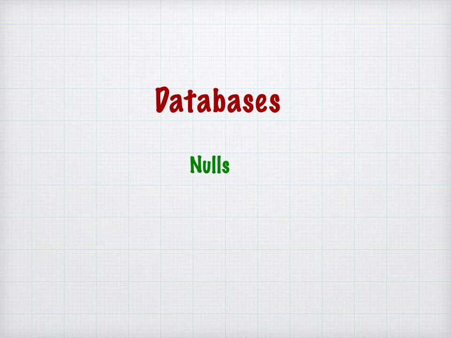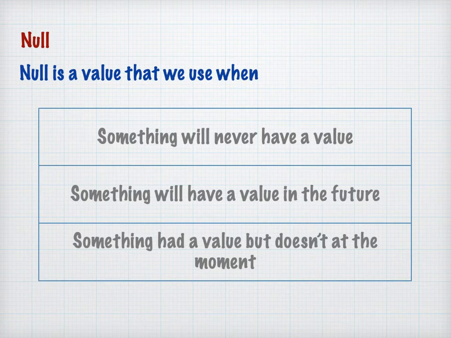So let's look at a particular category of types of bits of data, these things that are called nulls. Now, if you think about nulls, they can actually represent lots of different things. They could represent something that will never have a value. It could be something which is currently null right now, but might have a value in the future.